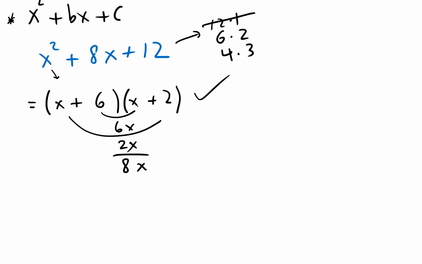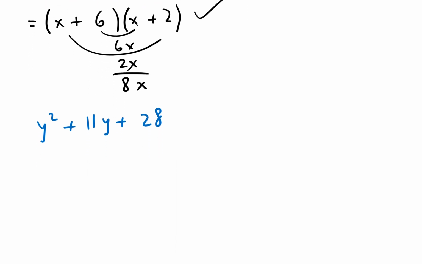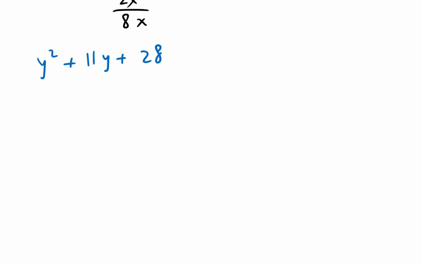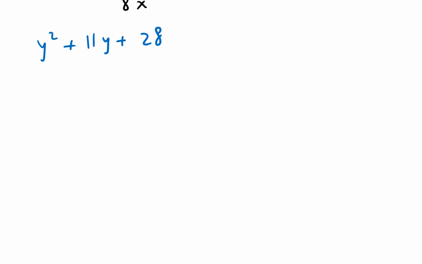Look at another example. Say y squared plus 11y plus 28. You may pause the video at any time and try it on your own. So this one goes as y and y.